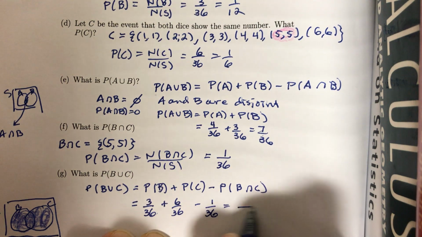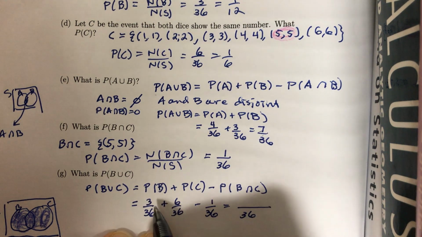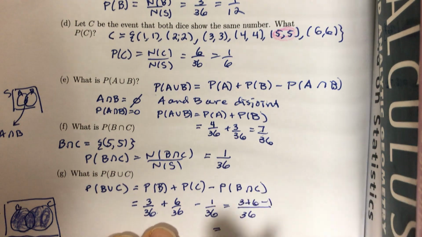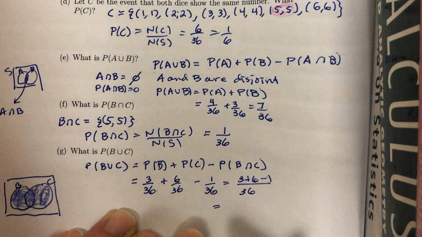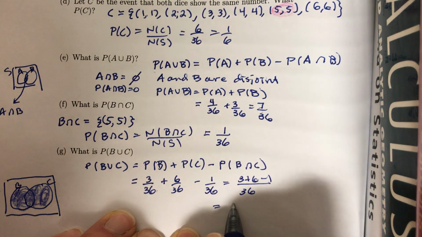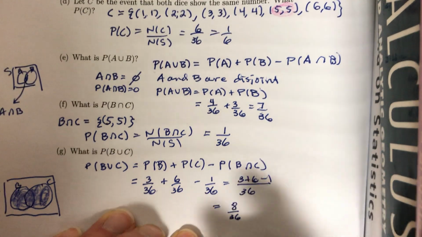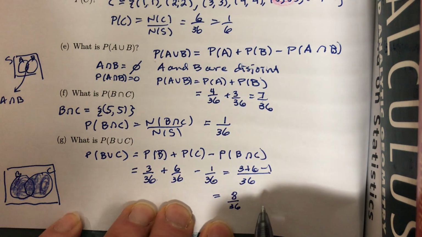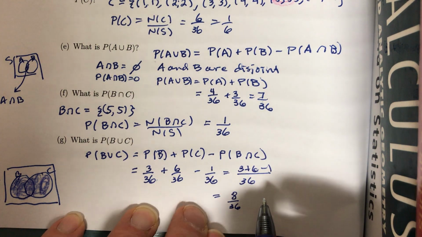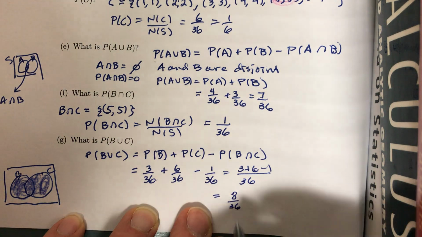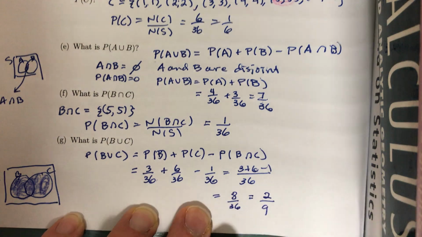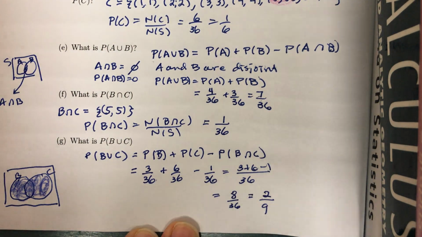So all have a common denominator, so we have 36 in the denominator. 3 plus 6 is 9, minus 1, that makes 8 out of 36. Which, if you divide the numerator and denominator by 4, gives 2/9. All right, there you go.